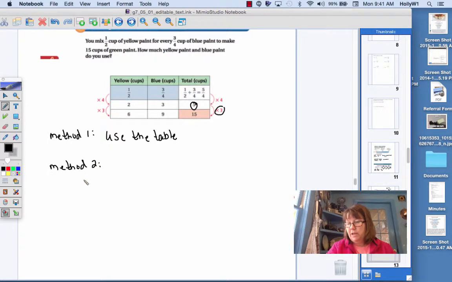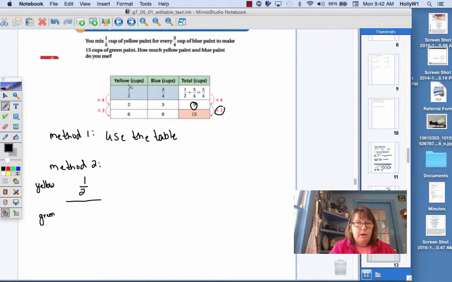So we're going to start with yellow. I'm going to say that if I have 1/2 cup of yellow paint, so we're going to make a ratio of yellow to green paint.